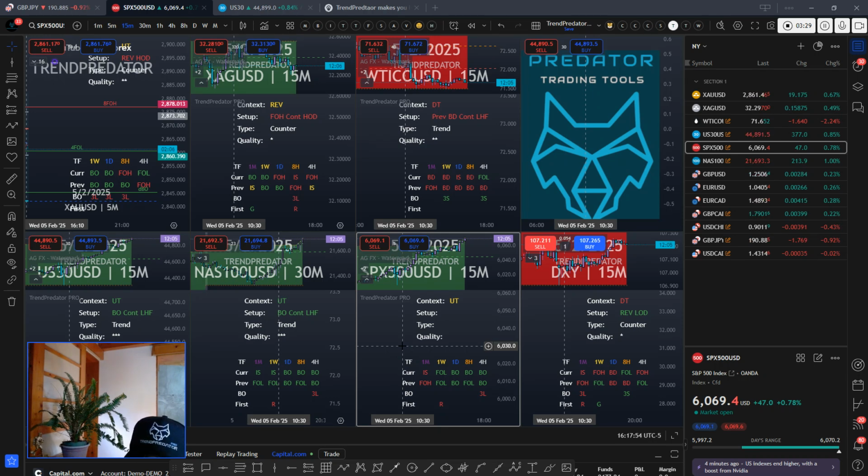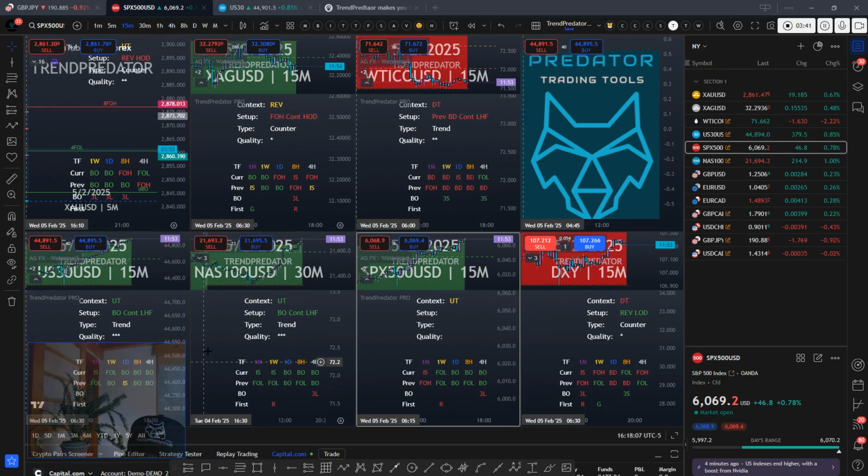And this gives extremely accurate signals as per a best trade setup across whatever instrument it is that you're trading.